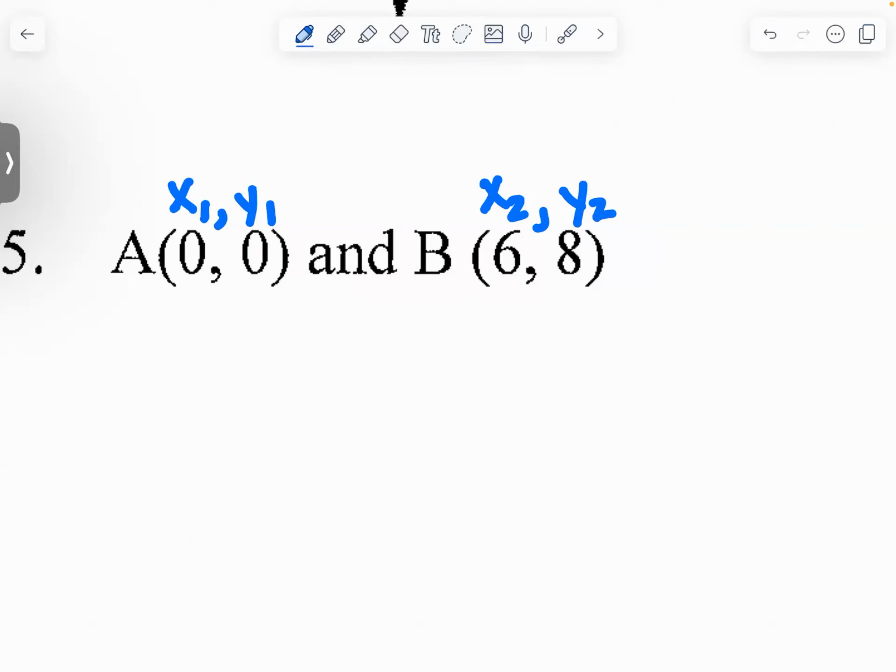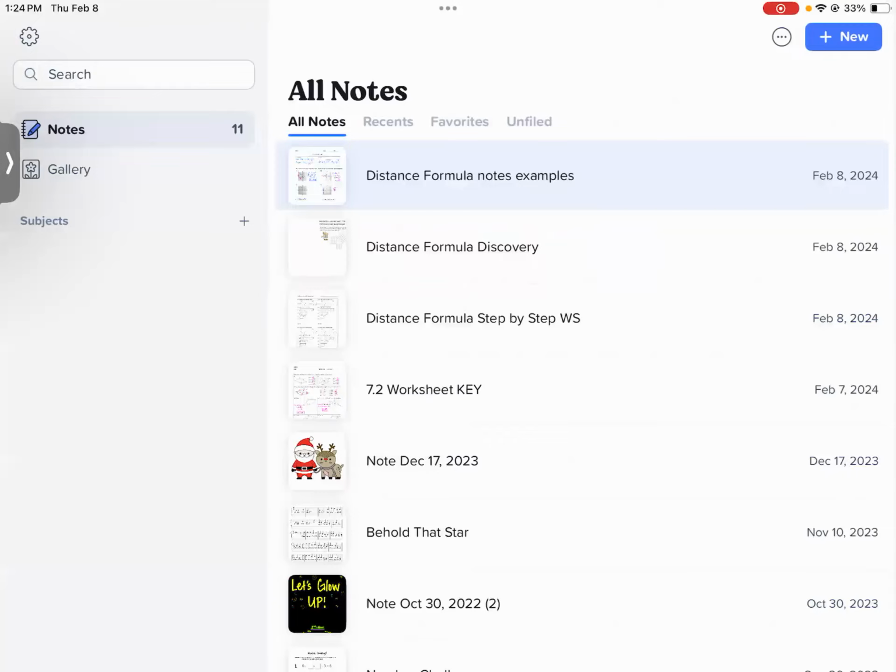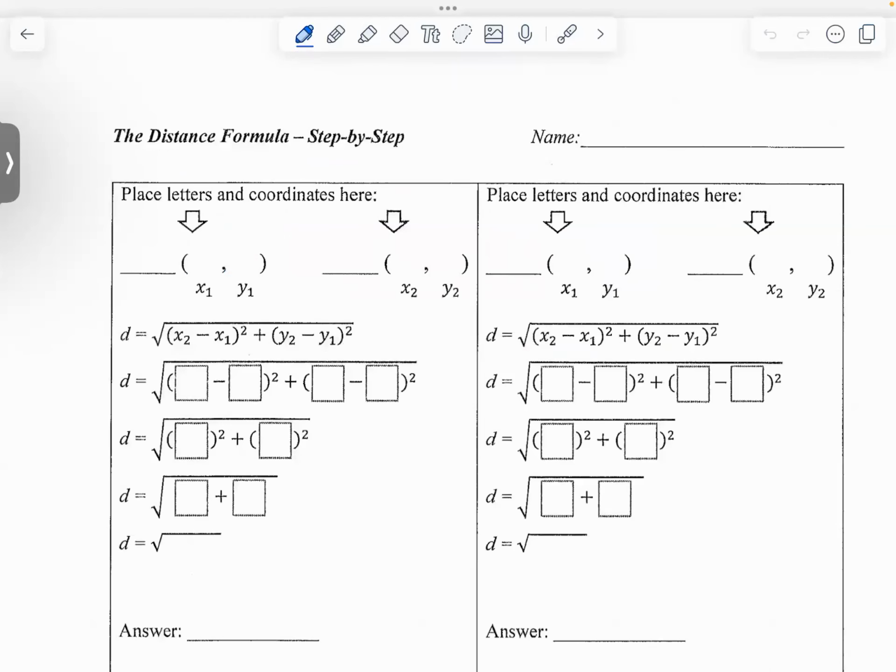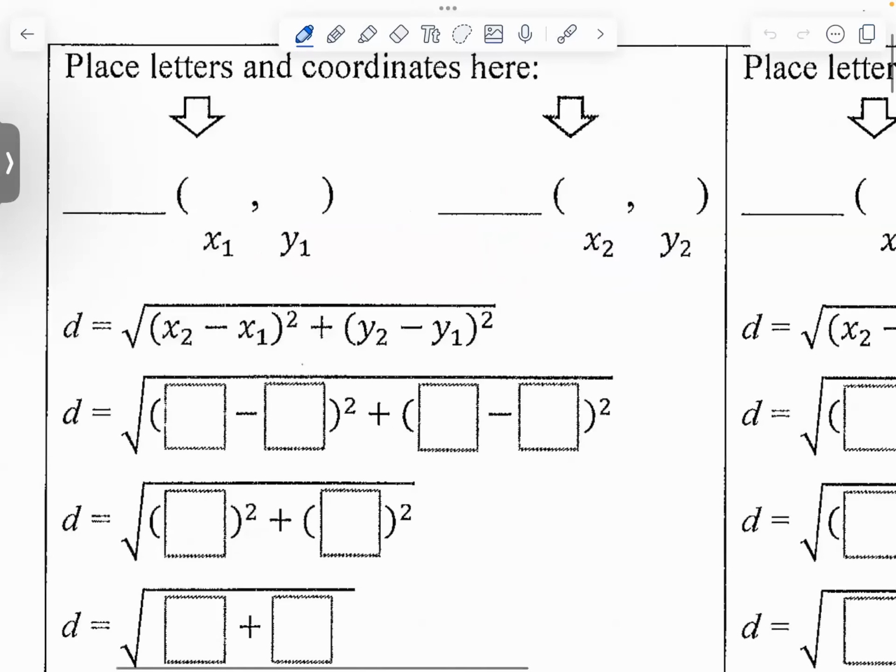Okay, so I'm gonna first teach you how to use what I'm gonna call the cheat sheet. So go to the yellow cheat sheet. Just pick the first one, doesn't matter which side, they're all the same.